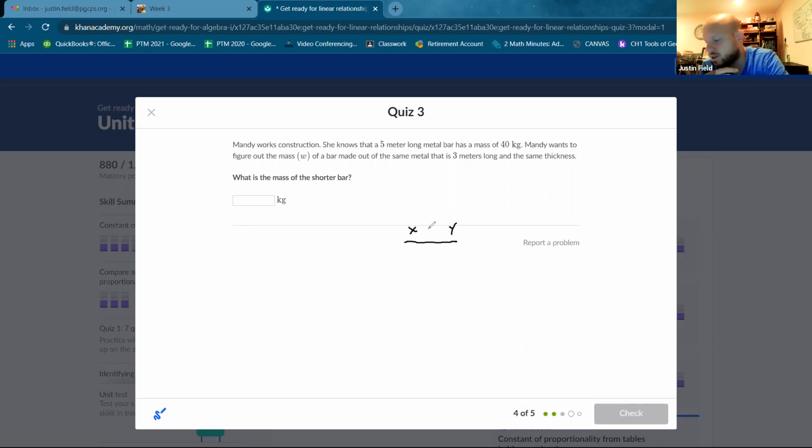But if I was just looking at this problem, having seen nothing about it before, I would set up a table. In meters, mass. The mass is what we want to figure out, and the meters is what we know. So we'll consider the mass the dependent variable. So we know that 5 is 40, and then we know 3, question mark.